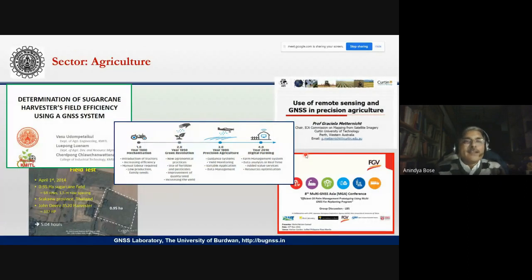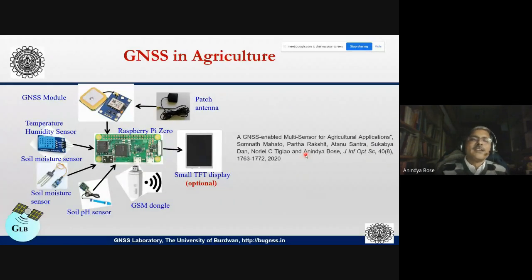Even in the case of agriculture, you will discuss one agricultural topic in your paper discussion. I've given a few examples here. For example, in GNSS agriculture, I can give you some ideas that you can try developing.